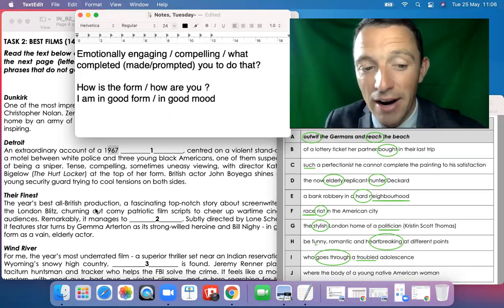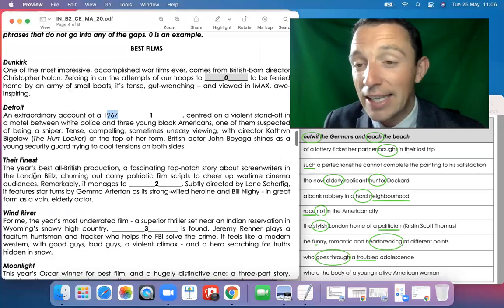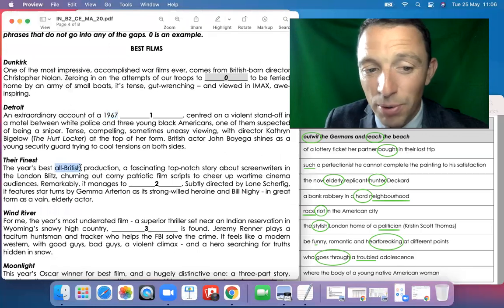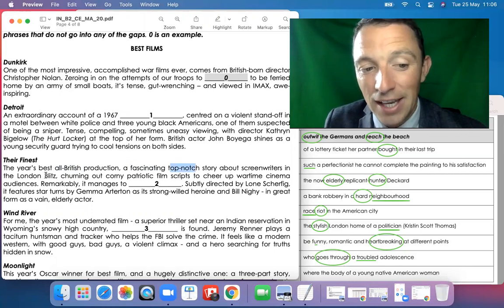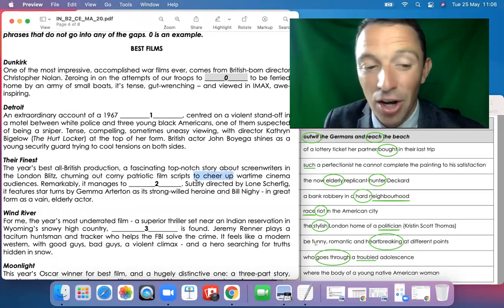Okay, so the next paragraph, the title is The Finest. And the introduction again, I will read. So the year's best all British production, a fascinating, top-notch story about screenwriters in the London Blitz, churning out corny patriotic film scripts to cheer up the wartime cinema audiences.